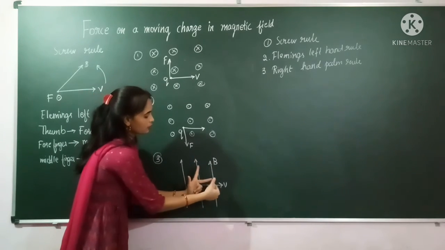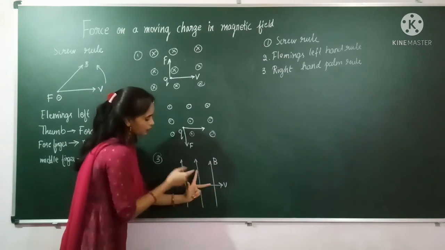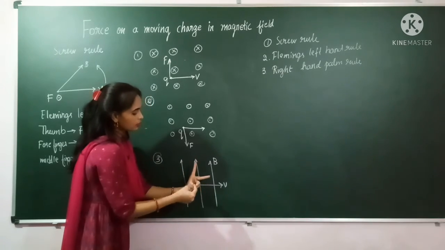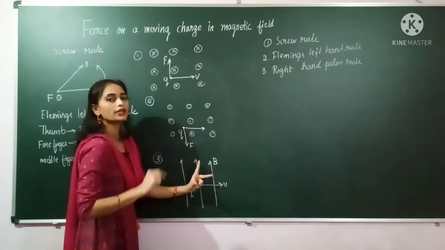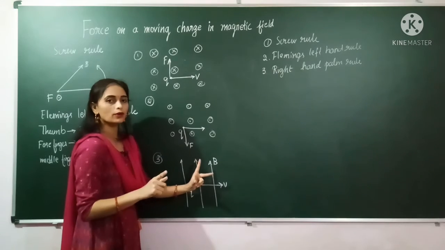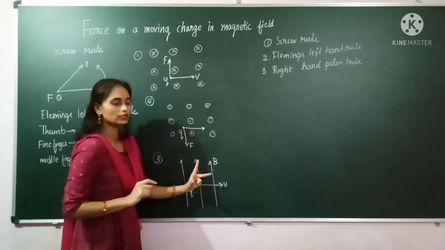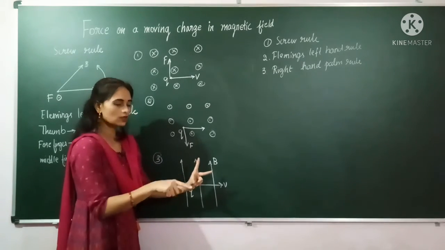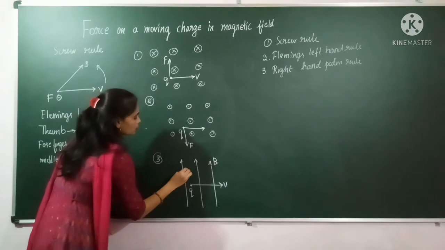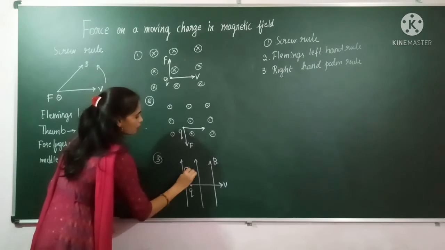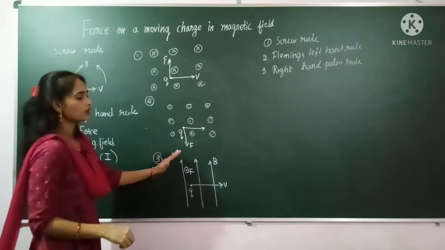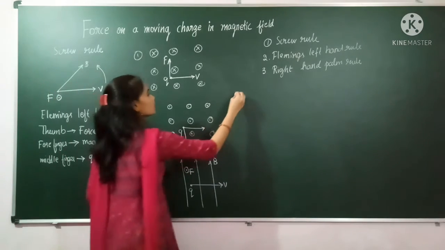This is the direction of charge, direction of magnetic field. Now see, this thumb is pointing outward. An outward quantity is always represented by a dot. So here the force is outward, represented by a dot. So next, fourth case.